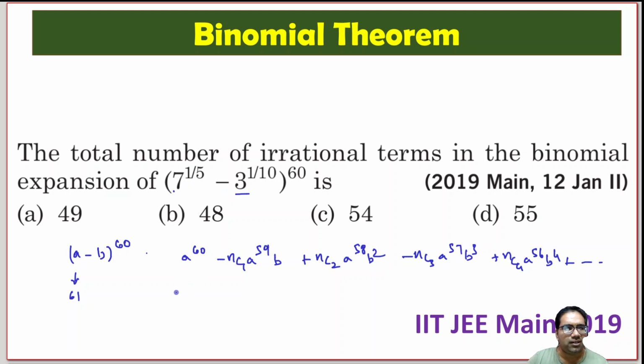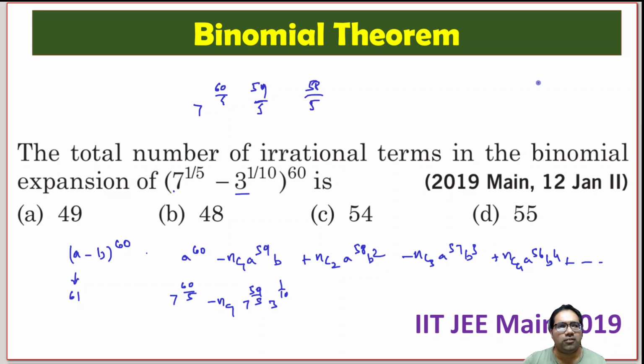So in this expansion we get something like 7^(60/5) − NC1 7^(59/5) 3^(1/10), likewise. Basically 7^(60/5), 7^(59/5), 7^(58/5), and so on, until 7^(0/5).